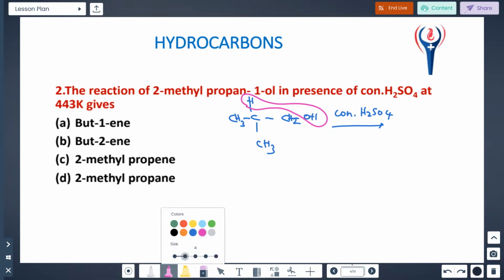The product is CH3, C double bond CH2, CH3 with a methyl on carbon 2: 2-methylpropene. So C is the correct one. If you know each reagent's role, then only can you solve these. Next one.